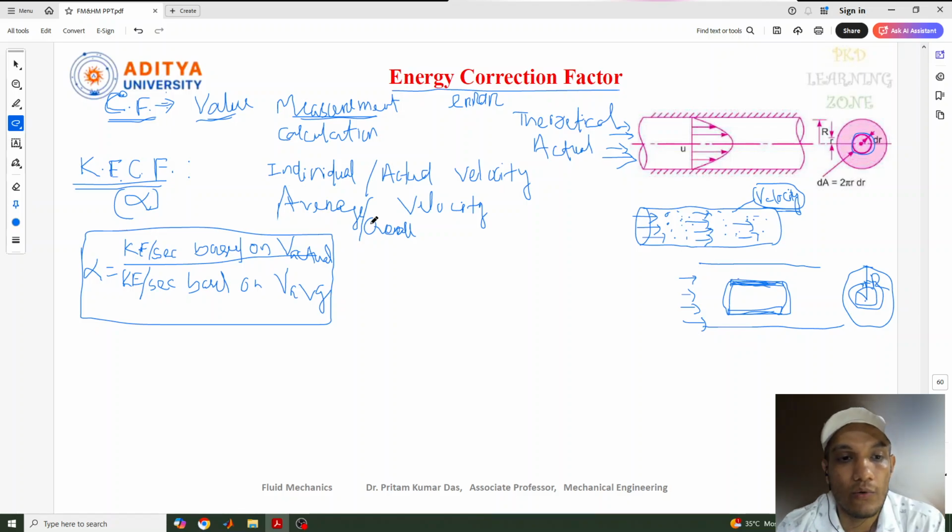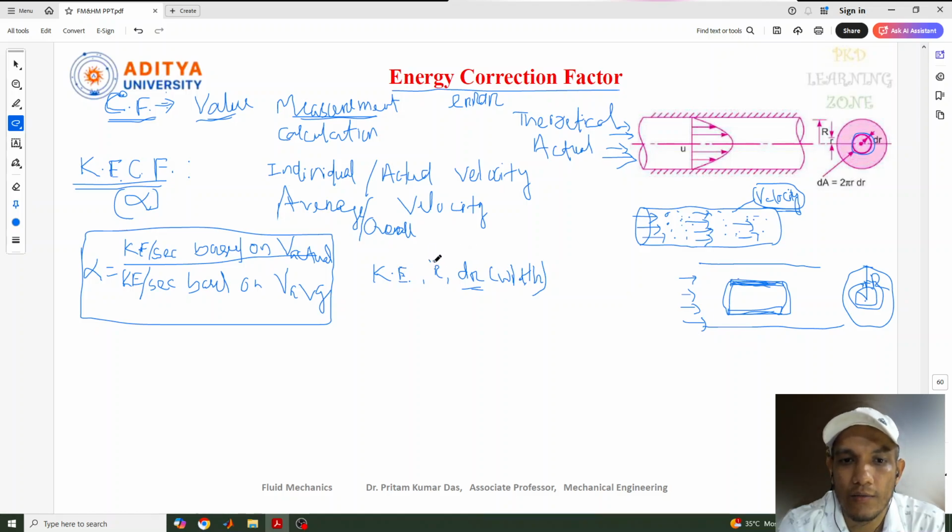Now I can say the kinetic energy. Let's start. The kinetic energy of the fluid flowing through the elemental ring with a radius of r and with a thickness, or width, of dr. Small r is our radius.